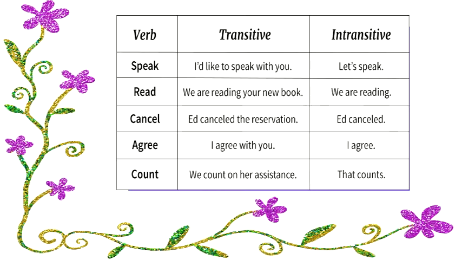So that means there is an object which is giving the answer to the question what or whom. So this verb count is a transitive verb in this sentence. Okay? Next, that counts. Now here, this is an intransitive verb. Alright? Because there is no object.